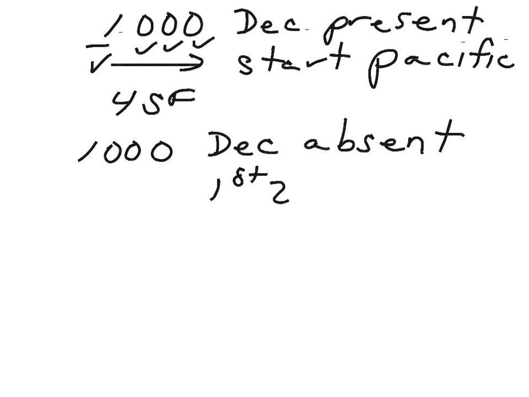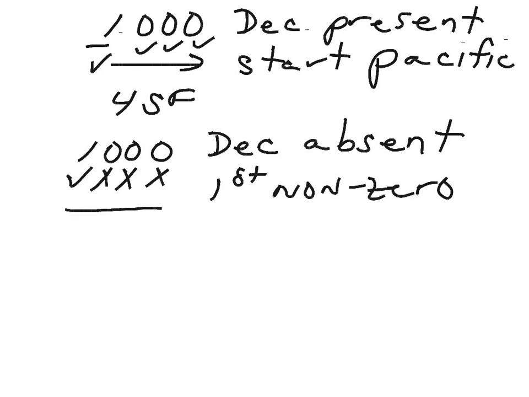And the first digit here is a 0, so we don't start counting there. We start counting at the first non-zero, and so we wouldn't count that 0, we wouldn't count that 0, we wouldn't count that 0. We would count the 1 because that's obviously not a 0, and we're at the end of the number. Okay, so we're moving in this direction. We're starting at the Atlantic, and so 1,000 only has 1 sig fig.